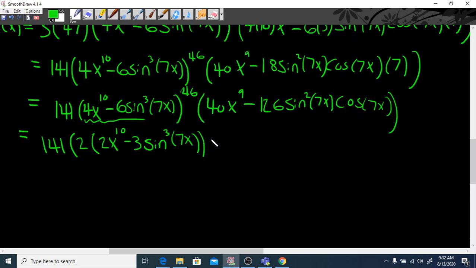And then let's see, all that to the 46. Then let's see, can we factor more than 2 here? Let me get my trusty calculator here.